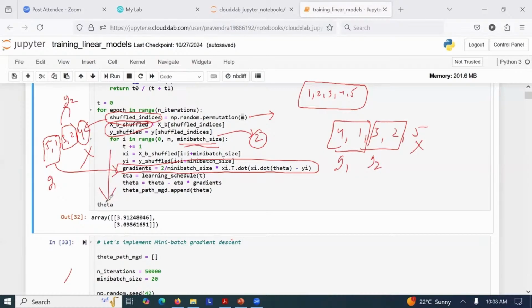Yes, the update equation is the same, right? Theta new is equal to theta old minus learning rate times gradient. The only difference is this gradient we will compute using mini batch number of training examples. So if mini batch size is 2, we will compute gradient using 2 training examples at a time, right? Okay, so any doubt here?